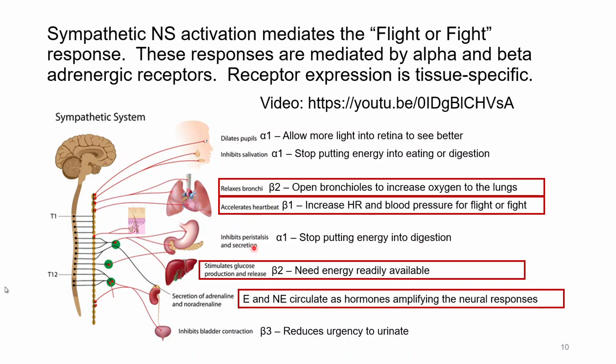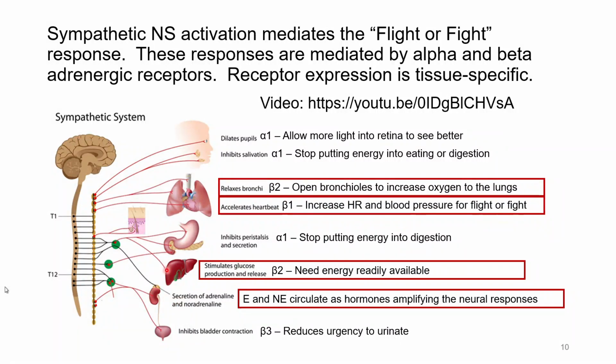Your respiration also needs to increase, so you've got norepinephrine from the sympathetic postganglionic nerves stimulating the beta-2 receptors in your lung. So stimulation of beta-2 receptors helps to open up the bronchioles so that you can increase your respiration. So you're getting more air into your lungs in order to oxygenate your blood.